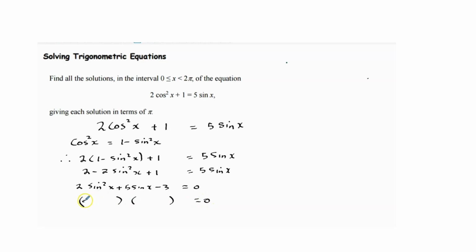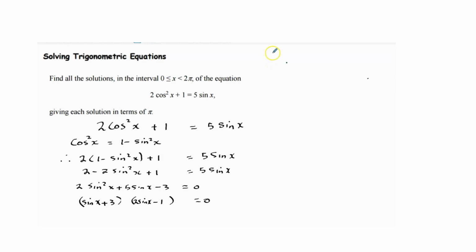So we can have sine x here, and we can have 2 times sine x here as well. And then we can have positive 3 times a minus 1 here will give us minus 3. Yes, we factorize it.